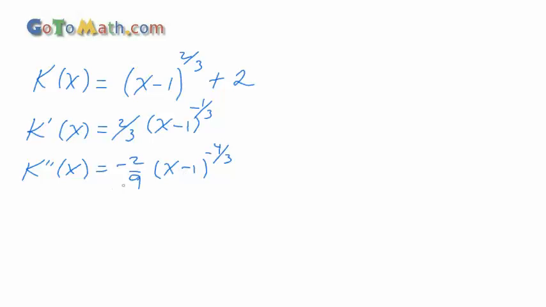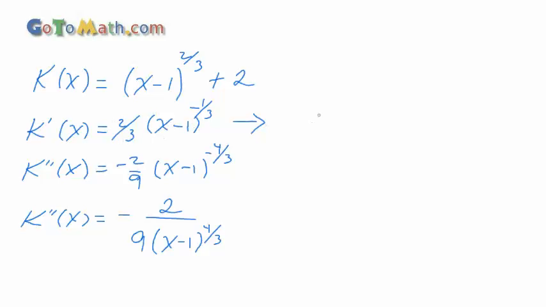All right, so now what we're going to do is go ahead and rewrite this with positive exponents. So we have negative 2 up in the numerator, 9 down here in the denominator, x minus 1 raised to the 4/3.